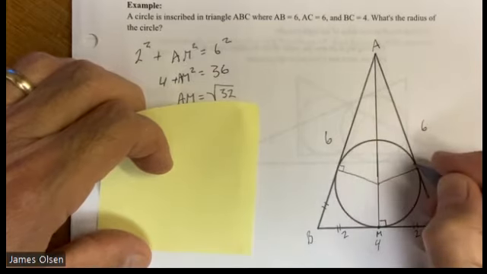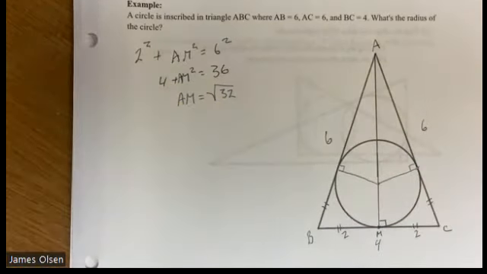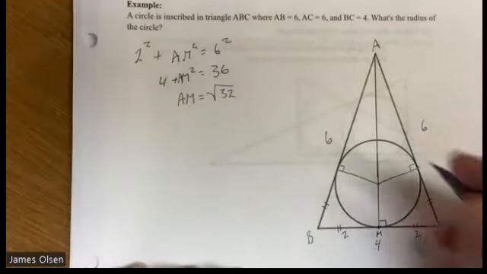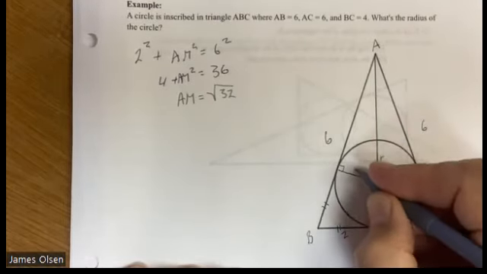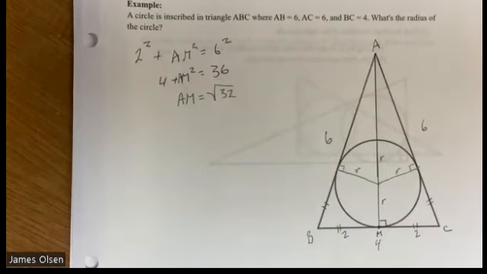And that's perpendicular. So I'll call these radii R. All radii are congruent. Once again, pause the video if you wish and try to figure out what to do next.